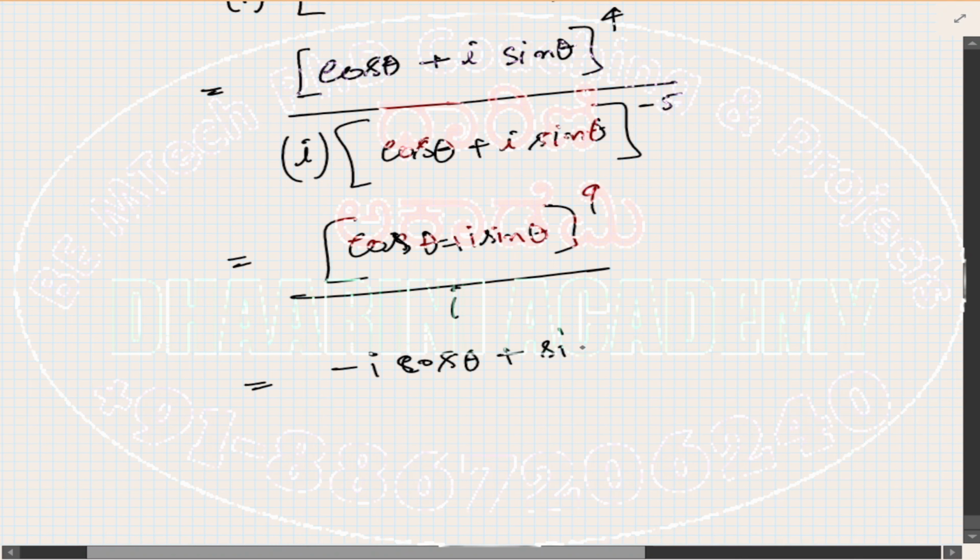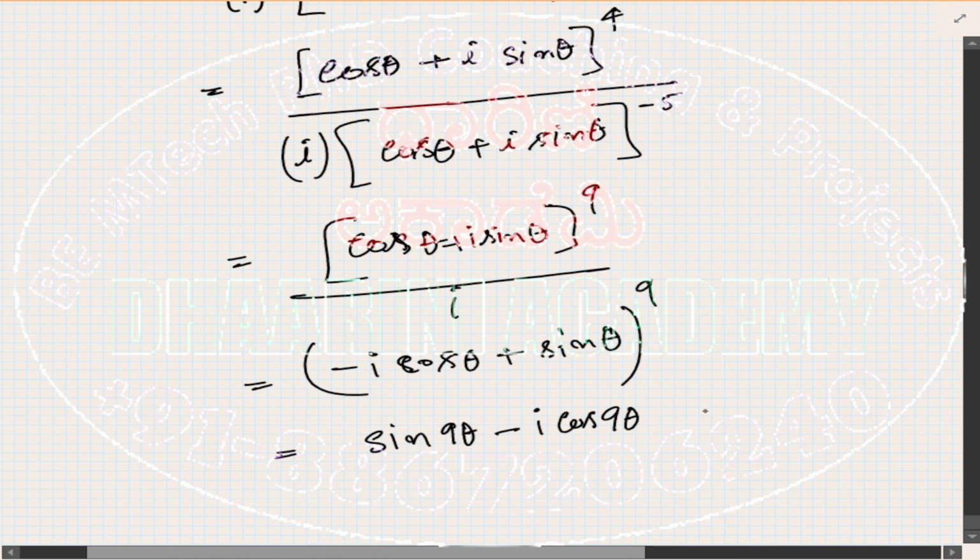So this is equal to sin 9 theta minus I cos 9 theta. So you are getting this answer in the P plus IQ format.